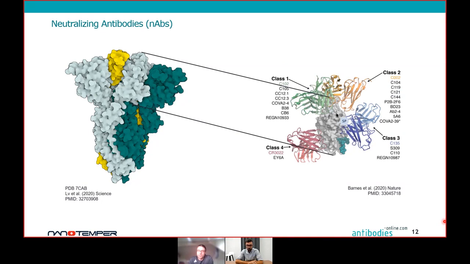This motif contains amino acids that form direct contacts with residues on ACE2. Here one finds, for example, residue 484, and it has been shown that the E484K mutation effectively abolishes binding of class 2 neutralizing antibodies, thus negating their neutralizing effects.